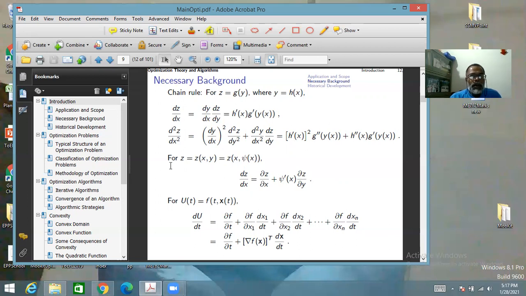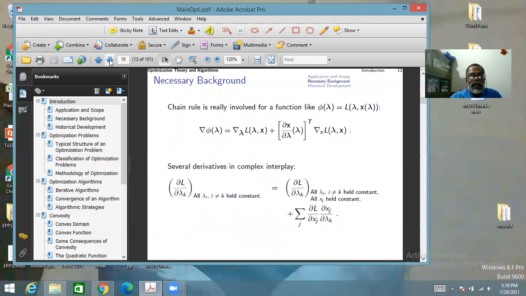Now this chain rule, f of something and something else through the same thing, comes in several ways. For example, this chain rule gets really involved and tricky for a function like this, where phi is a scalar function of lambda, but this function is described as L, which is a function of lambda and x, in which x is a function of lambda.